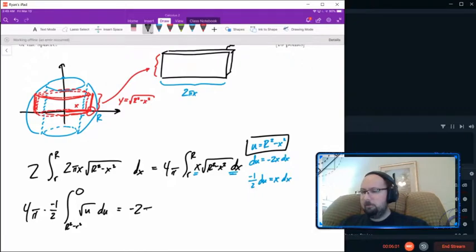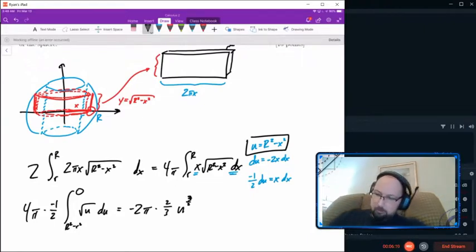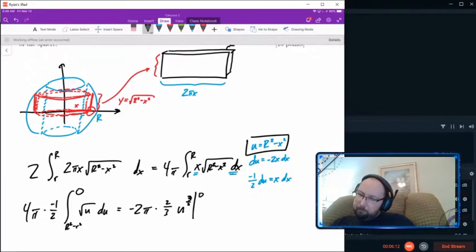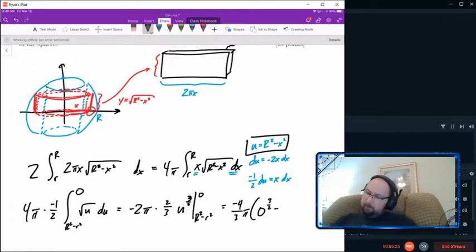So we've got negative 2 pi. The integral will be u to the 3/2 power times the 2/3 factor at the front. And we're here. So negative 4/3 pi times 0 to the 3/2 minus R squared minus little r squared to the 3/2.